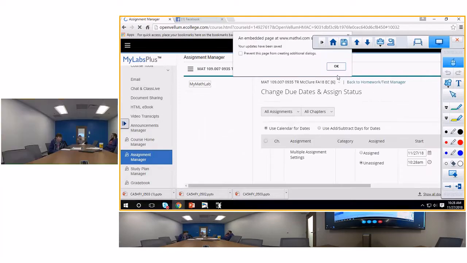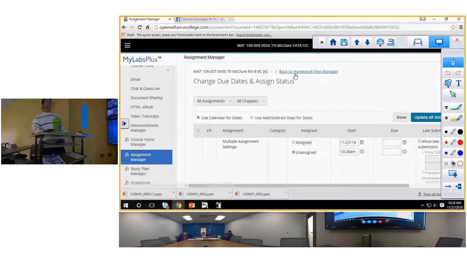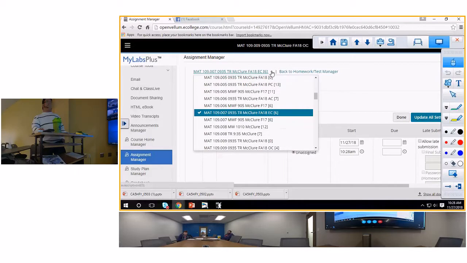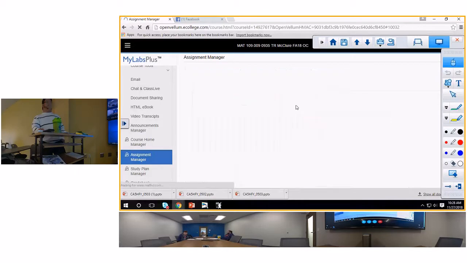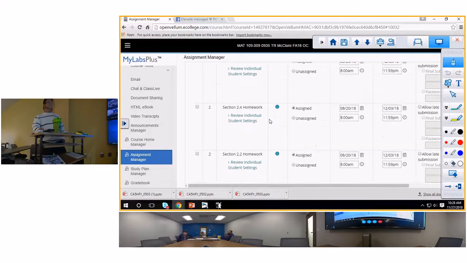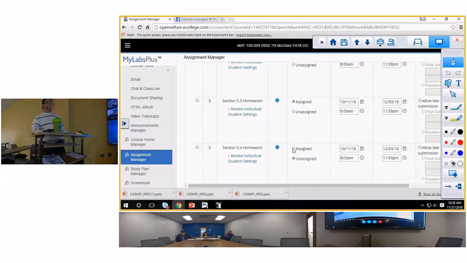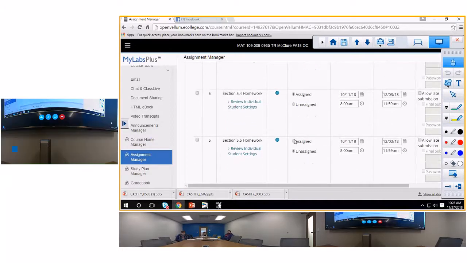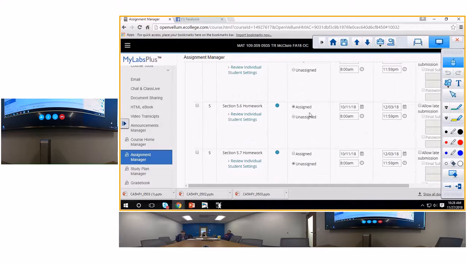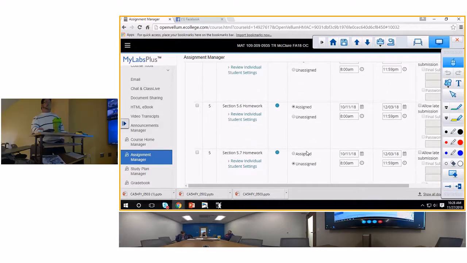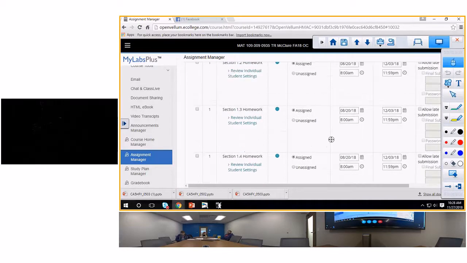So that's done for Easley. Now let's go to Anderson and open those up. 5.1, 2, 3, 5, 6, 7. I doubt very seriously we're going to get to 7. But I'm going to go ahead and open them.